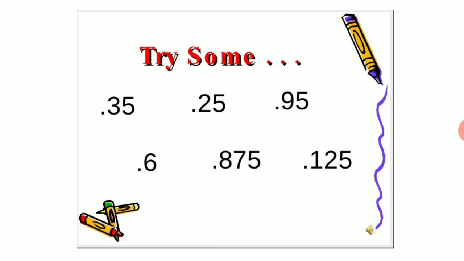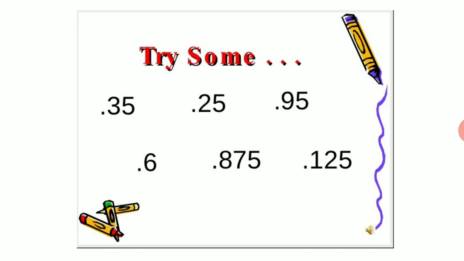So it becomes 35 by 100. Now if we take 0.25, it becomes 25 by 100. But then, children, we need to see that 35 by 100 has to be converted to its lowest terms, which becomes 7 by 20. Then 0.25 becomes 25 by 100, which again is converted to its lowest terms and becomes 1 by 4.